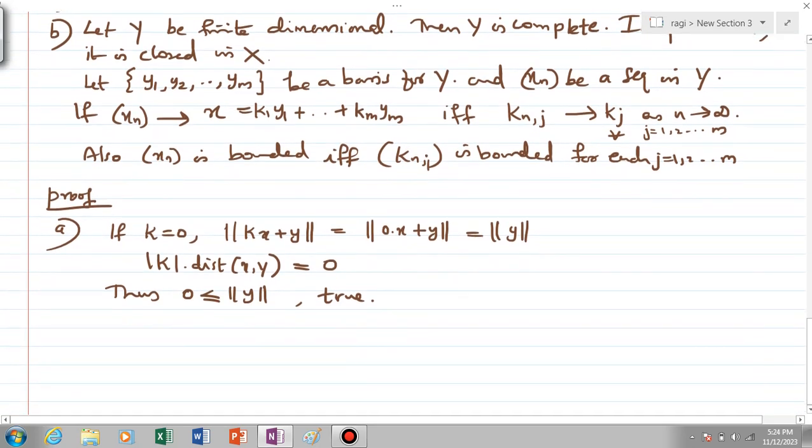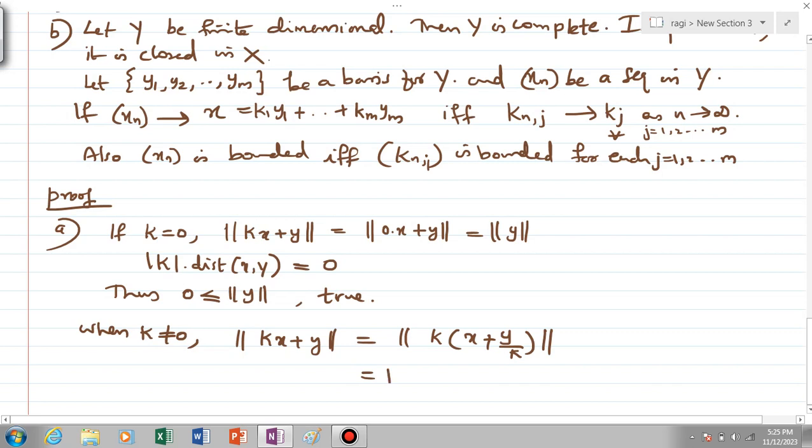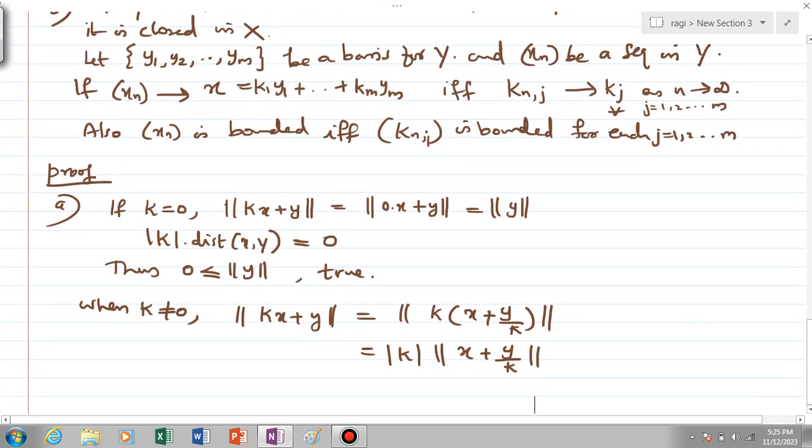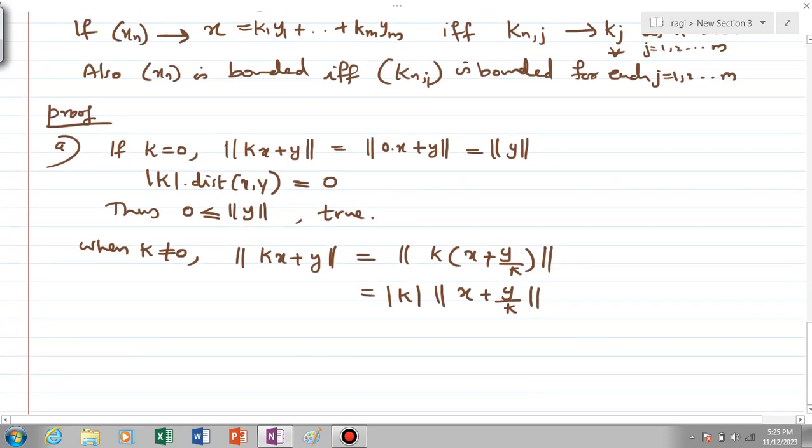So when k equal to 0, the result is true. When k is not equal to 0, then the norm of kx + y is equal to the norm of k times (x + y/k), and this is equal to the modulus of k times the norm of x + y/k, and this is equal to the modulus of k times the norm of x minus (−y/k).